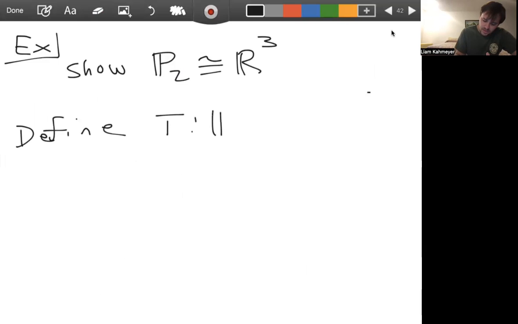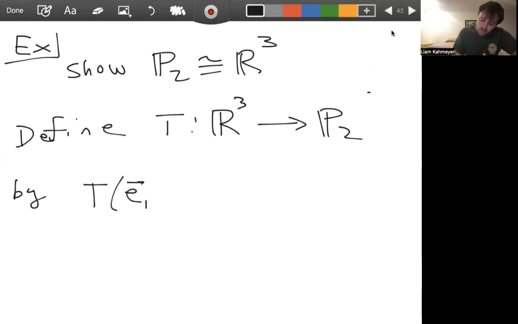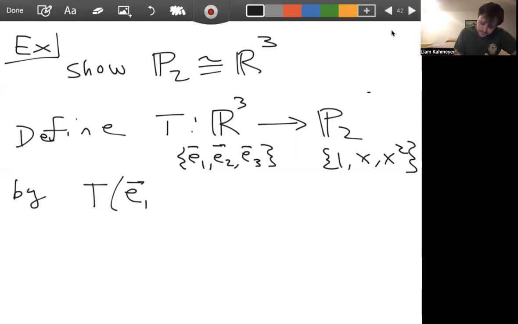T from R3 to P2. What's a basis for R3? Well, the standard basis is E1, E2, E3, which is really i hat, j hat, k hat, right? And then the basis for P2 was 1, x, x squared.